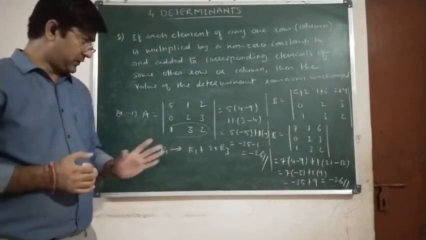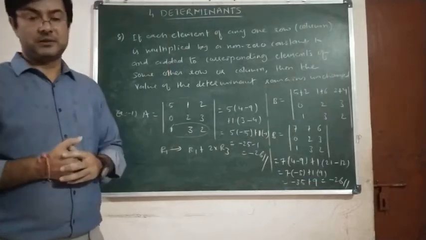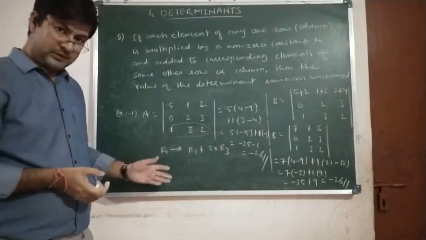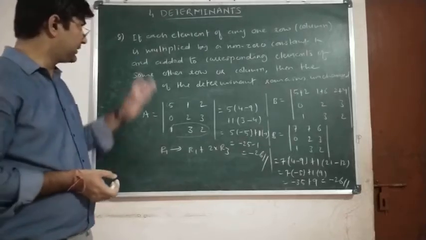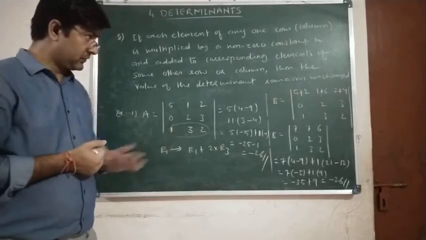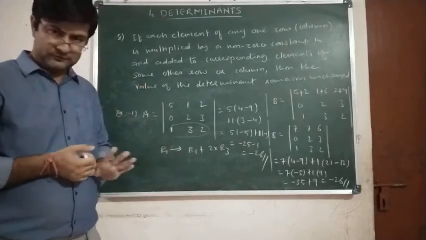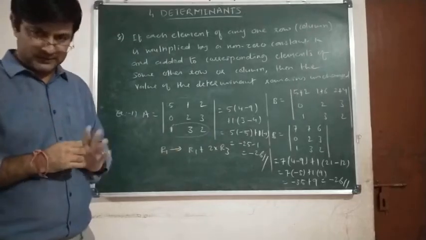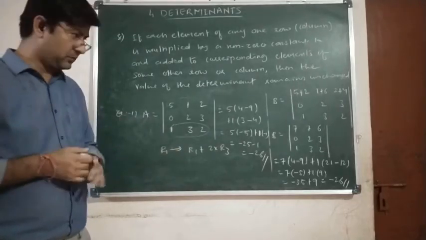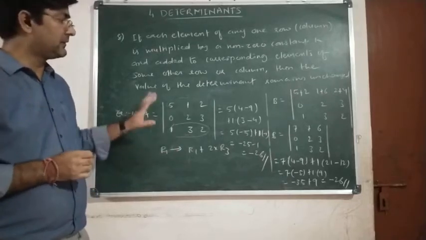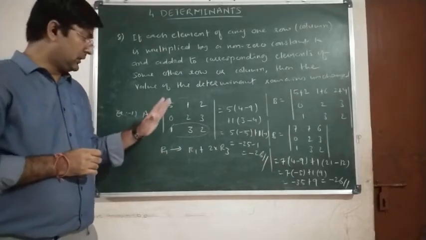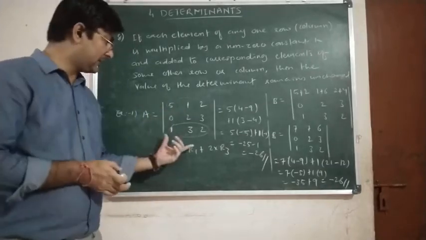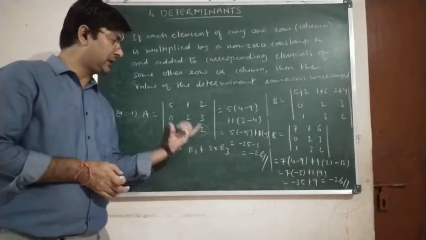So I hope you have understood. This property is very important, because in 99% of the questions which we are going to solve using the properties, this property will be used once. Yes or no? Clear? So if we multiply each element of any one row or column, here I have multiplied elements of third row and added to first.